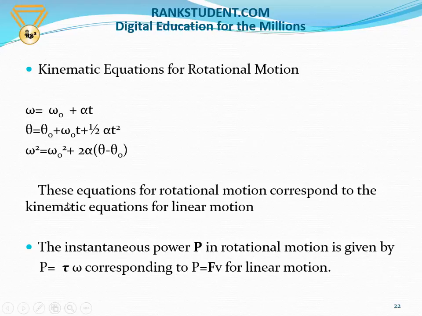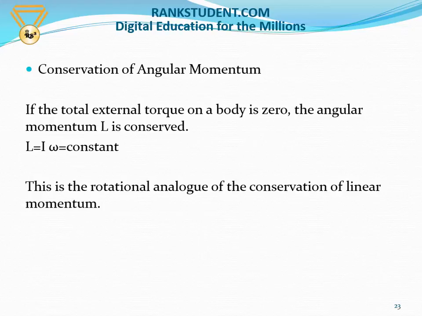These equations for rotational motion correspond to the kinematic equations for linear motion. The instantaneous power P in rotational motion is given by P equals the torque tau times the angular velocity omega, which corresponds to P equals Fv, power equals force times velocity for a linear motion.